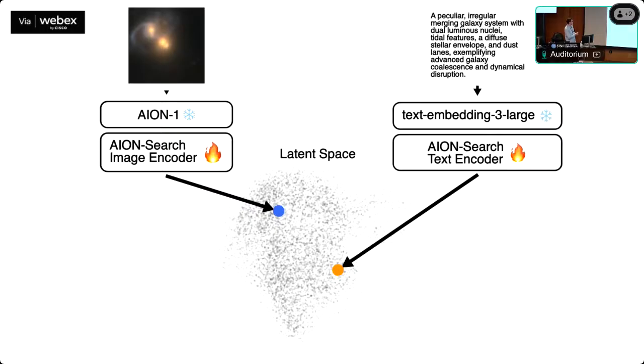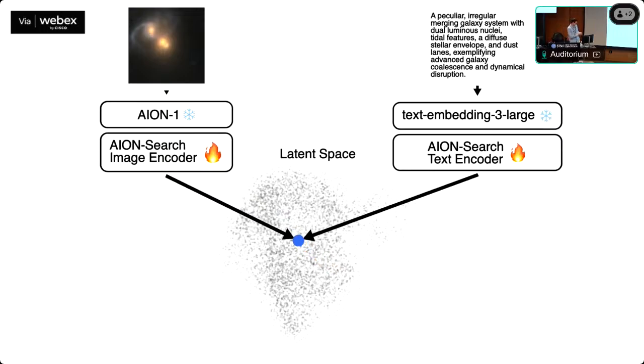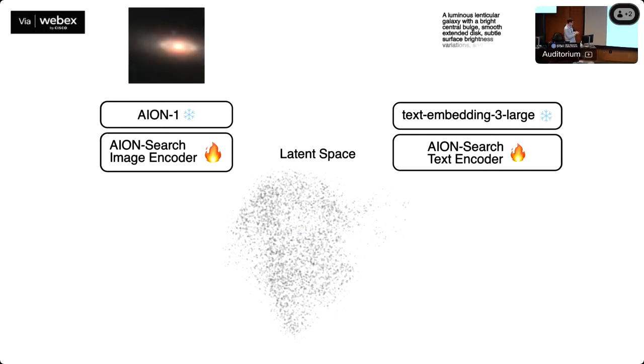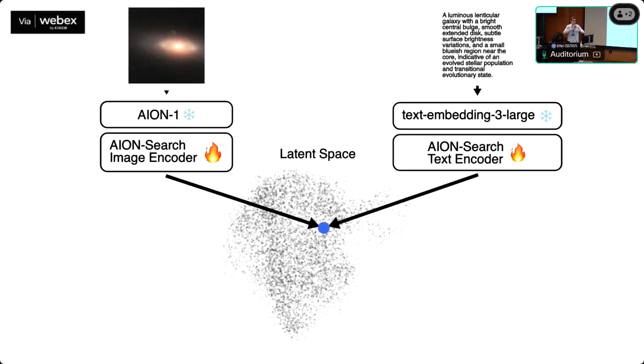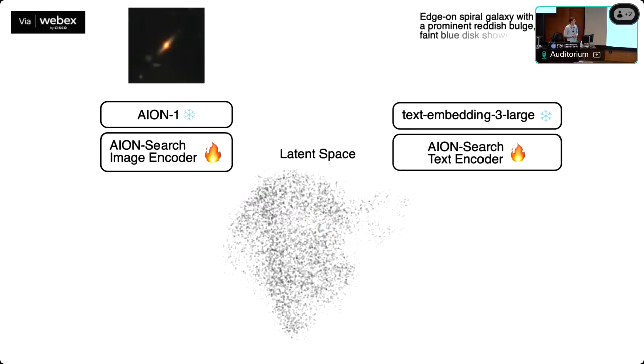The whole goal is to line up the embedding, which should describe the phenomena in the image, with the embedding that should describe the meaning of the text in this latent space. With contrastive learning, you're basically training a small MLP to just line up the images and the text in this space.